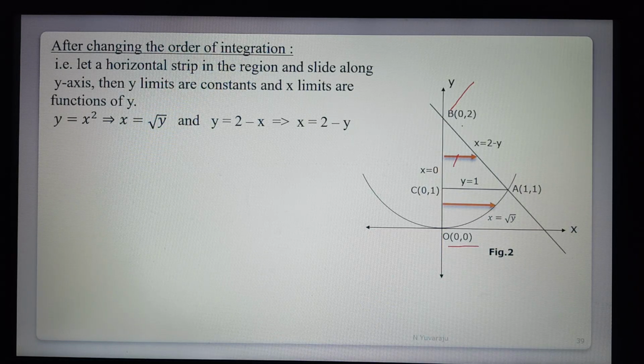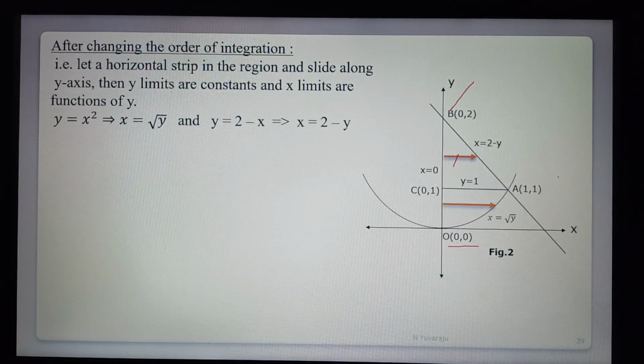The sum of the integration in the first region plus the second region, that is OAC and ABC, two subregions. Now finding the limits in both subregions. Okay, now this is important.